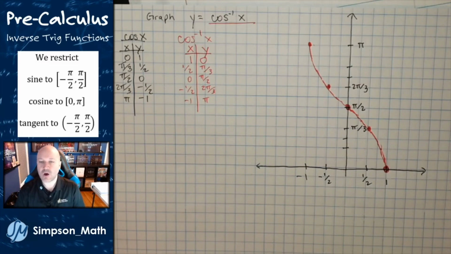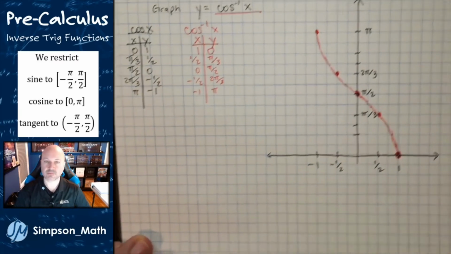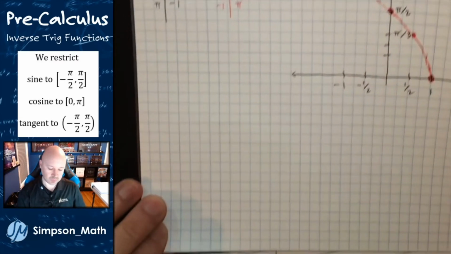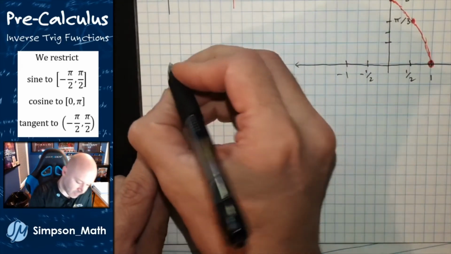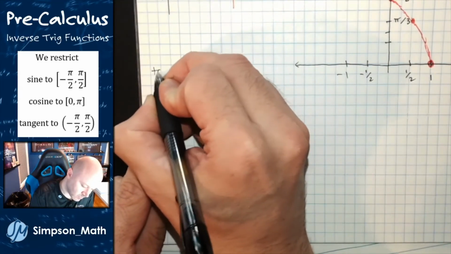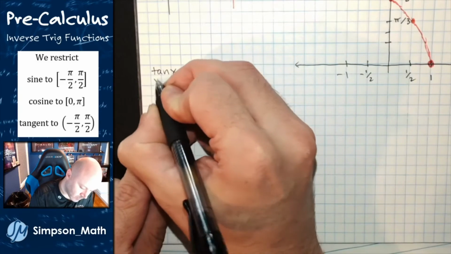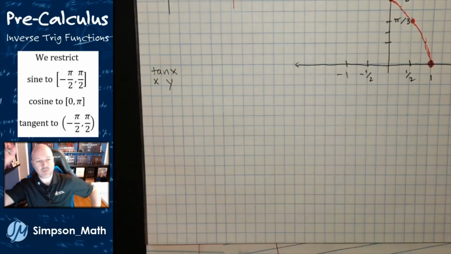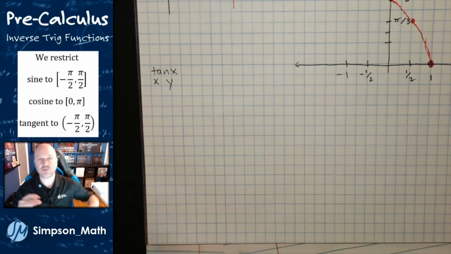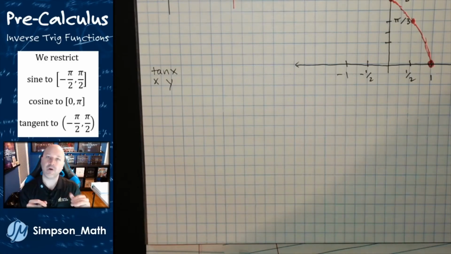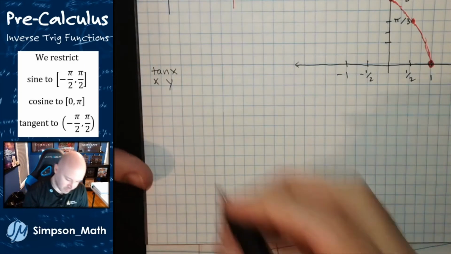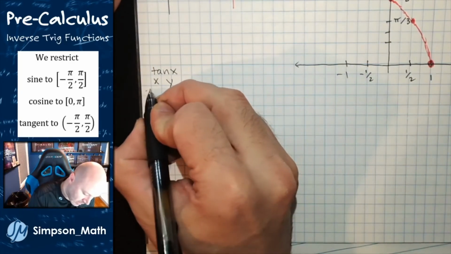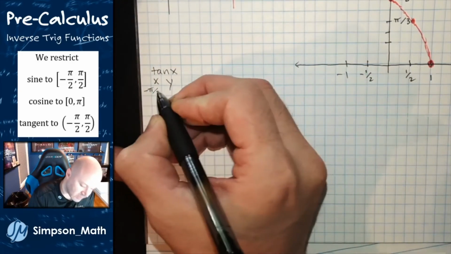Let's tackle tangent. Tangent is that cubic feel over and over again, so we restrict it to negative pi halves to positive pi halves. Nice. Okay, I'm going to get some good points in there. I'll go ahead and talk about those negatives.